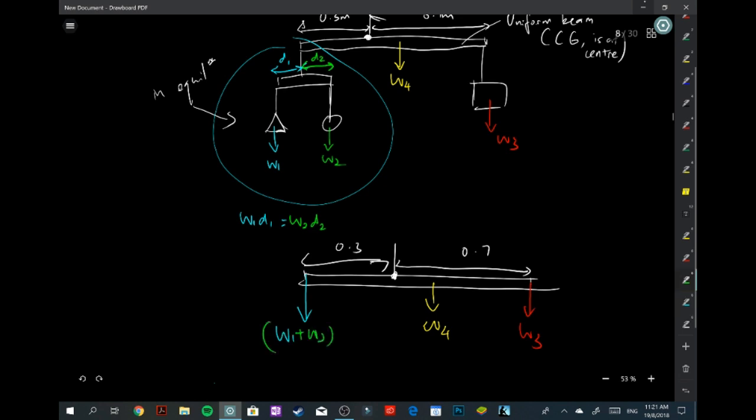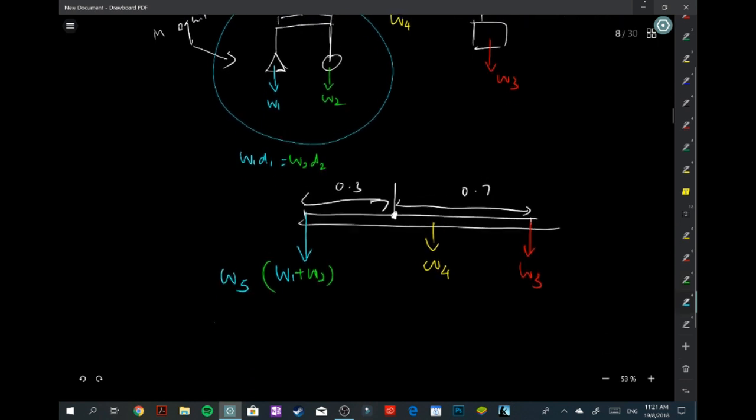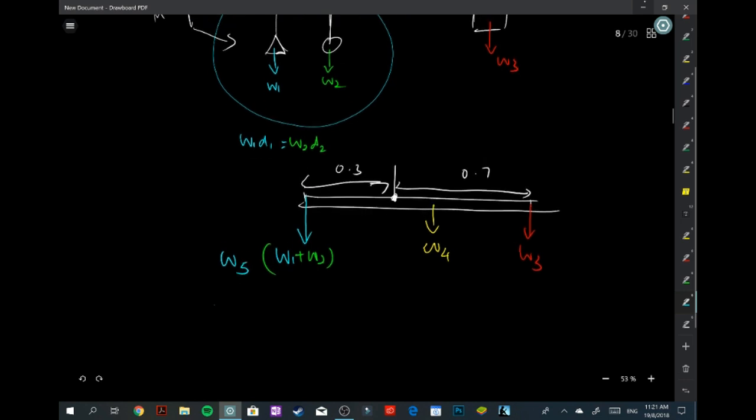If you want to group it and just call it W5 altogether, that will make this expression much simpler when we do the expansion.